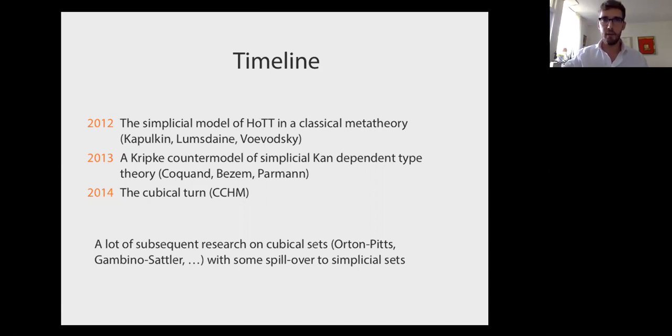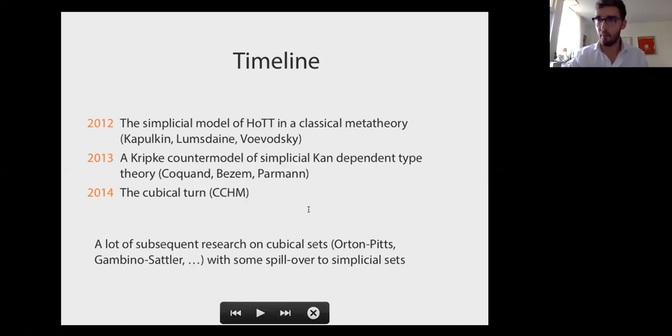After that, people started looking at different places for this constructive model of homotopy type theory, in something that we can maybe summarize as the cubical turn. I stole that from my co-author. In the following years, there was a lot of subsequent research on cubical sets. Some of that has trickled back down to simplicial sets, for instance the work by Gambino and Sattler.